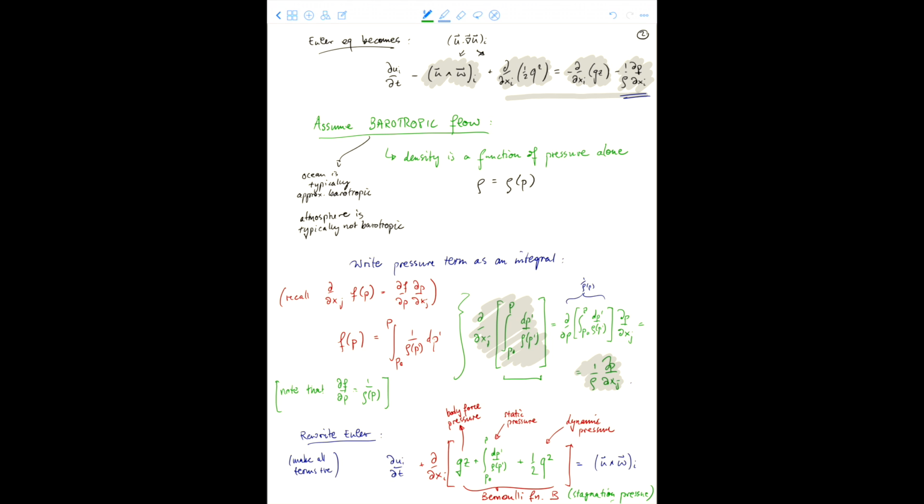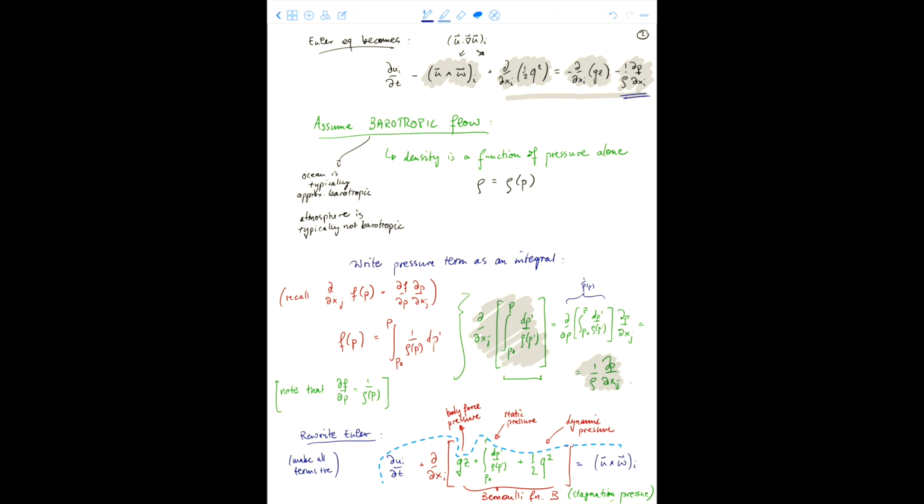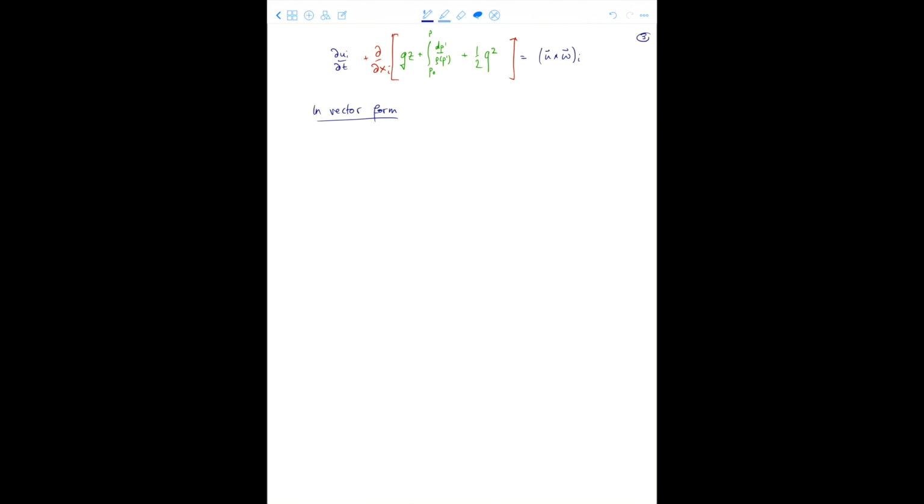And so we can rewrite this in vector form. And actually, let me just copy that once more. So in vector form, this is just B. So then we have du/dt plus the gradient of the Bernoulli function is u cross omega.